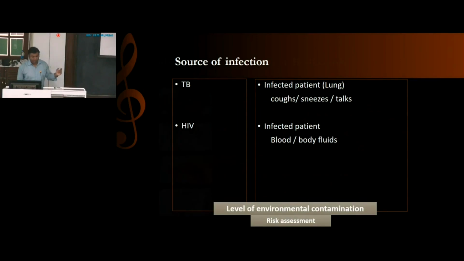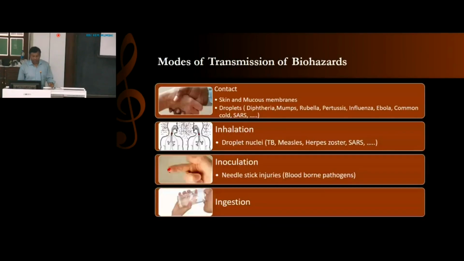These are the various methods by which organisms are transmitted. It can be contact, direct skin to skin like fungal diseases; droplets like diphtheria, mumps, rubella, pertussis, influenza, common cold, SARS and SARS-CoV-2; and aerosol, like TB, measles, herpes zoster, SARS and SARS-CoV-2. Also needle stick injury, blood-borne pathogens and ingestion.